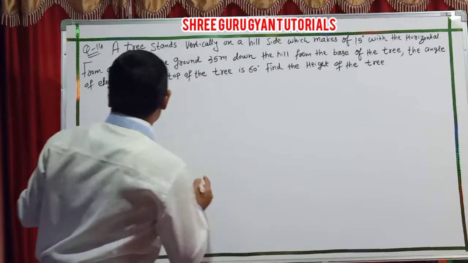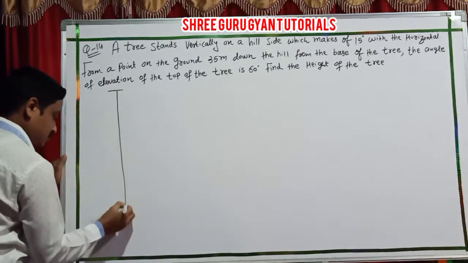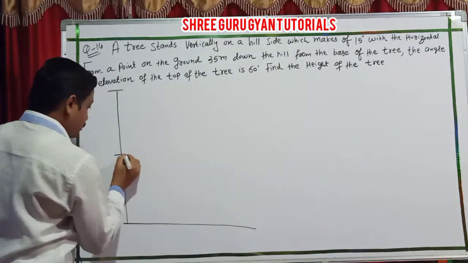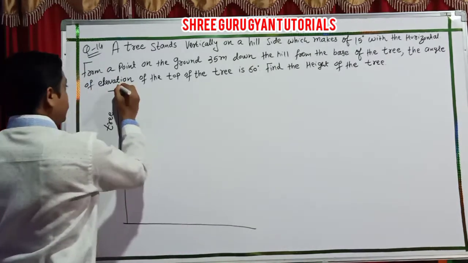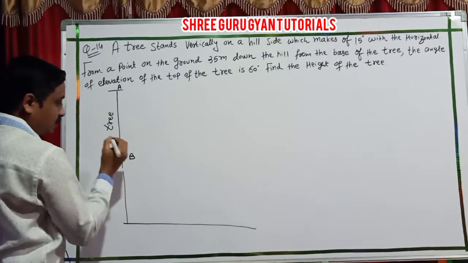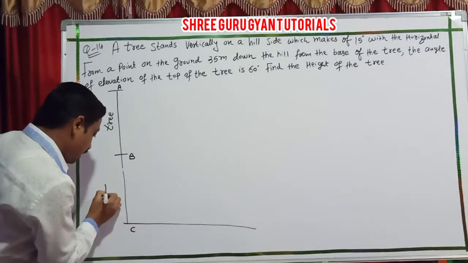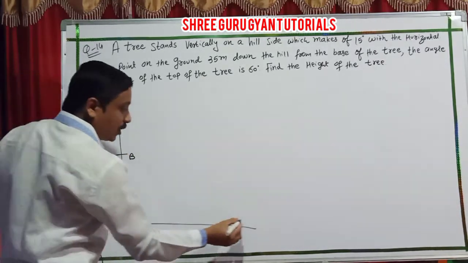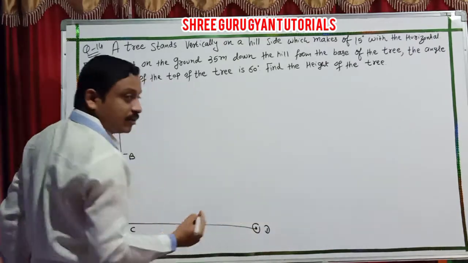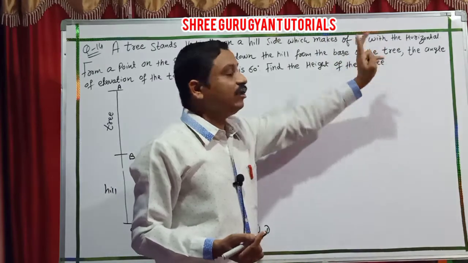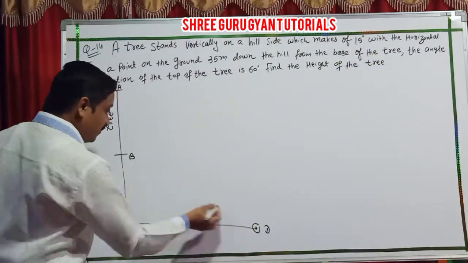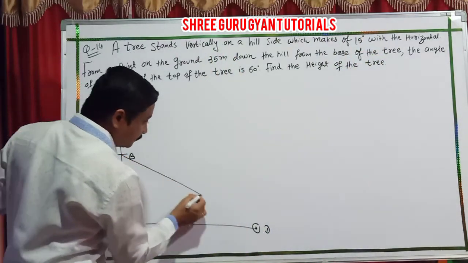Very easy students. Consider this is your hill part and that is your tree. This AB is the tree height and BC is your hill height, and here is point D. Now reading that a tree stands vertical on a hill, 15 degrees with the horizontal. So here the 15 degrees is given, this one.